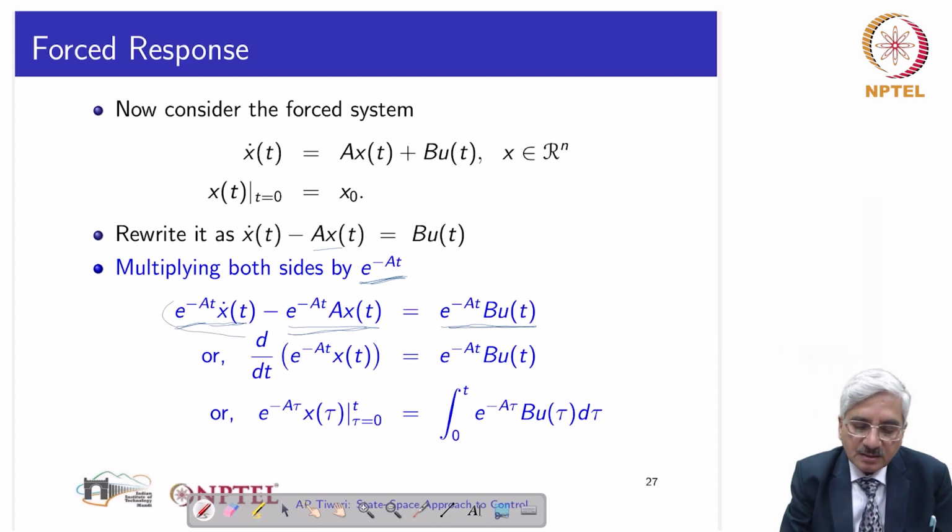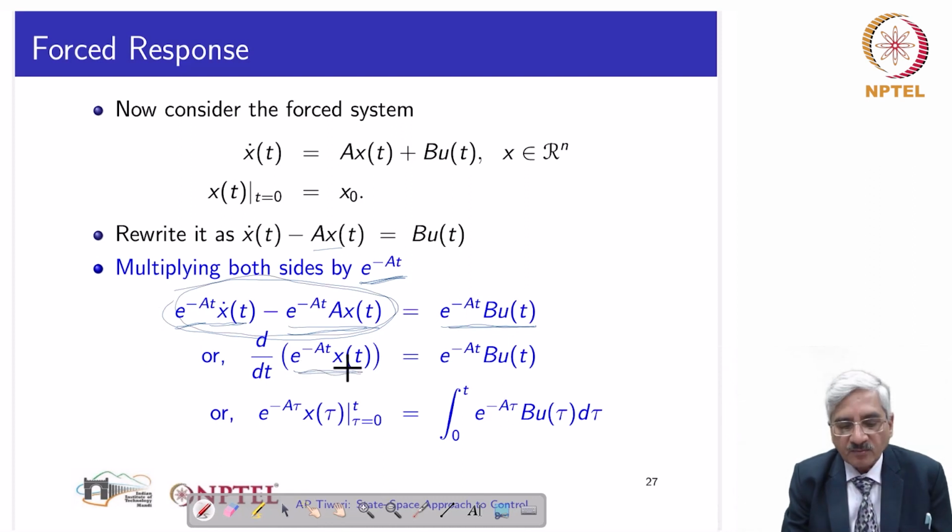And we recognize that this whole thing is the first derivative of e power minus At x(t). So we express the left hand side as d dt of this product e power minus At into x(t), which is equal to this right hand side e power minus At Bu(t).